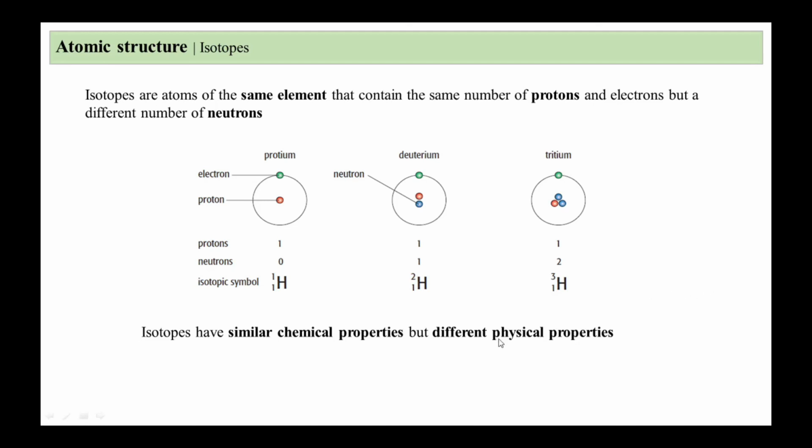The difference in physical properties is due to the mass of the nucleus. By changing the number of neutrons from one isotope to another, we increase the mass of the nucleus, or the atomic mass. So this affects the mass of our isotope, and also its density.